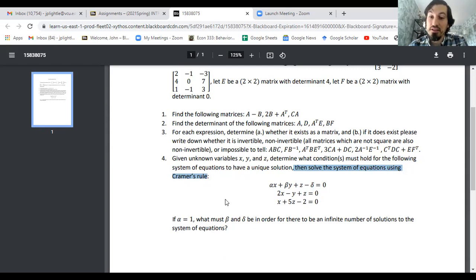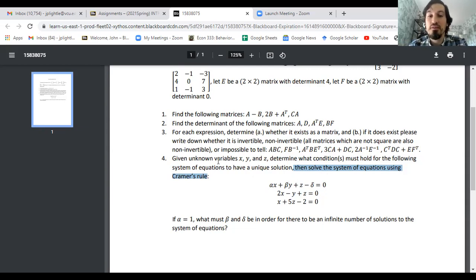Now the numerator has changed. According to Cramer's rule, to find the numerator, you take the determinant of the matrix which is formed by replacing the ith column of A with the vector of constants, the right-hand side vector of constants of this system.